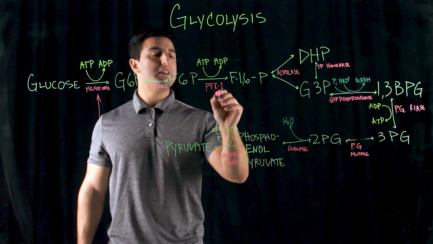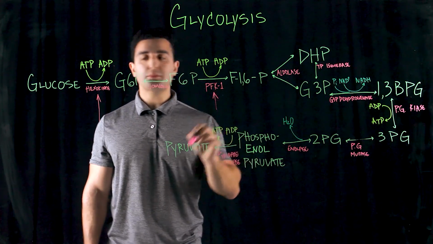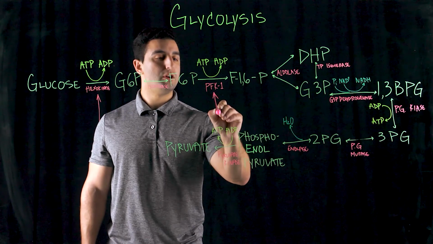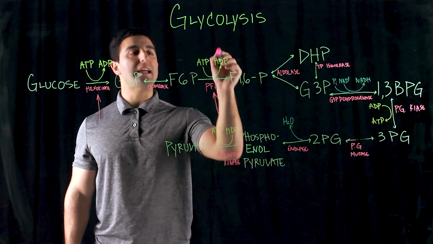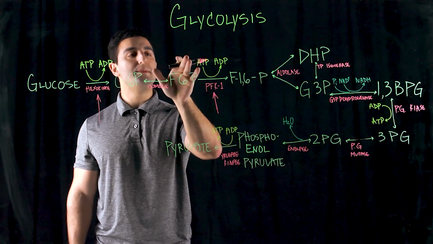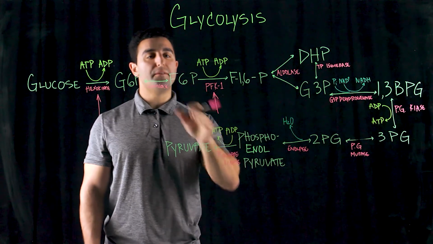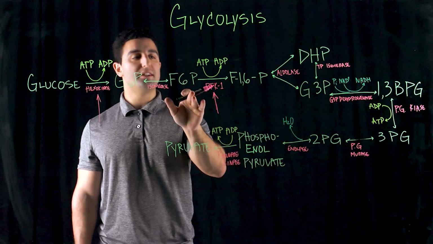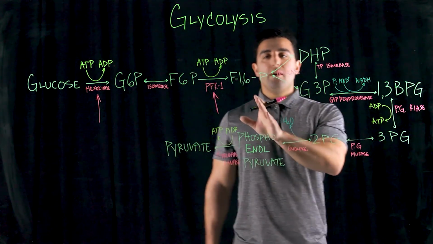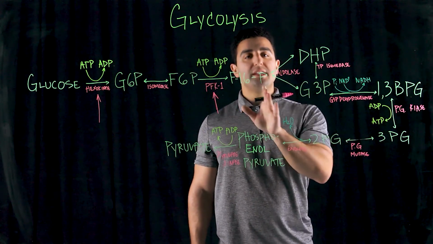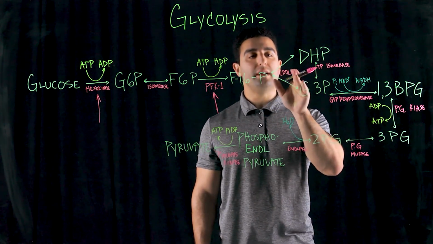Another really important thing is this phosphofructokinase. This is another rate determining step, meaning it is irreversible. It utilizes ATP again: the phosphate from adenosine triphosphate gets transferred over to the fructose 6-phosphate in order to make this new molecule. Now, fructose 1,6-bisphosphate goes through this pathway. There's an enzyme called aldolase.